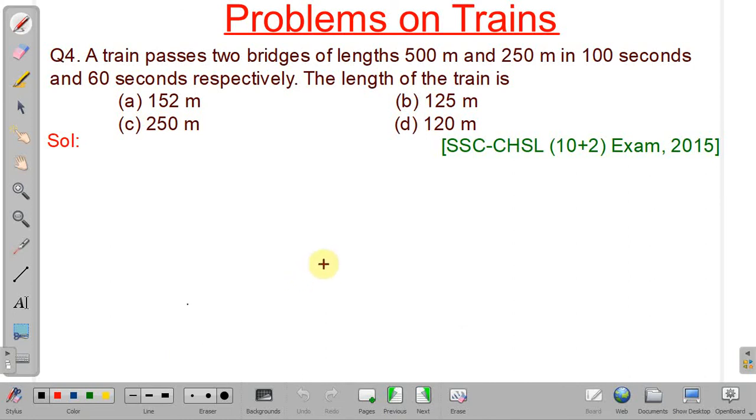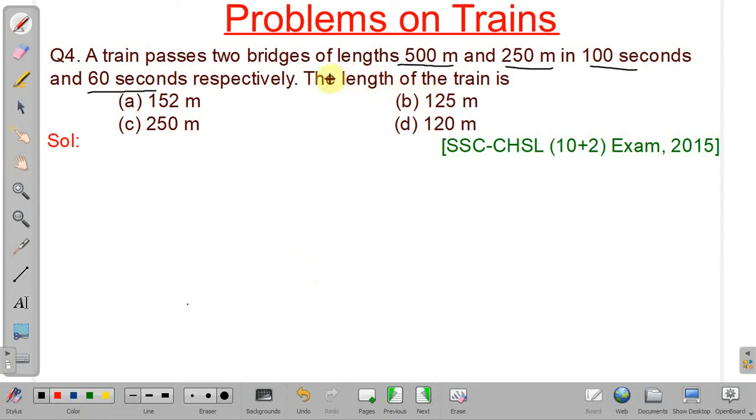See, in this problem it is given a train passes two bridges and length of bridges are 500 meter and 250 meter and crosses in 100 seconds and 60 seconds respectively. So we need to find the length of the train.